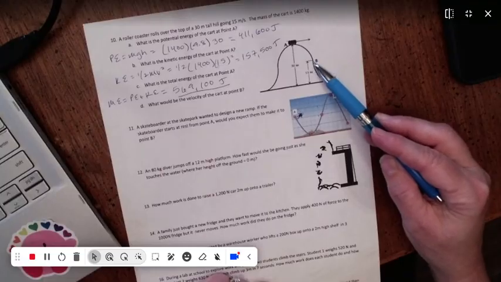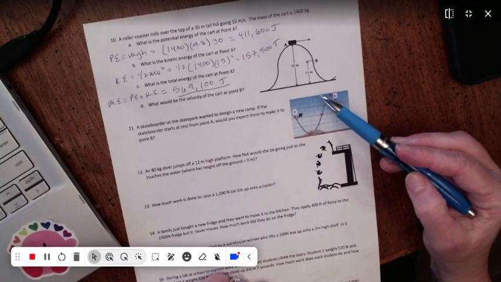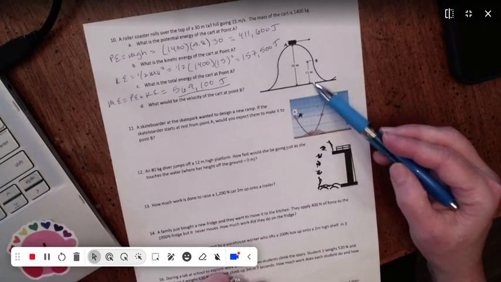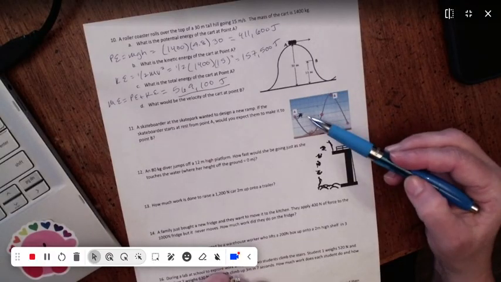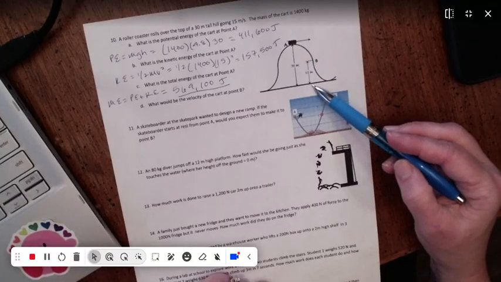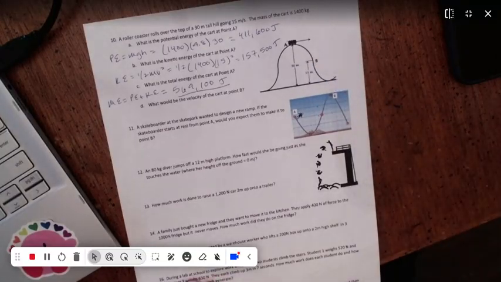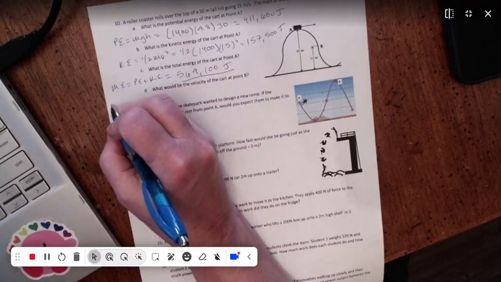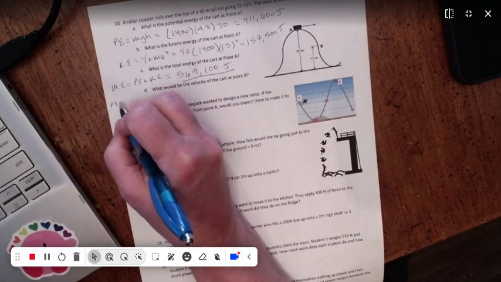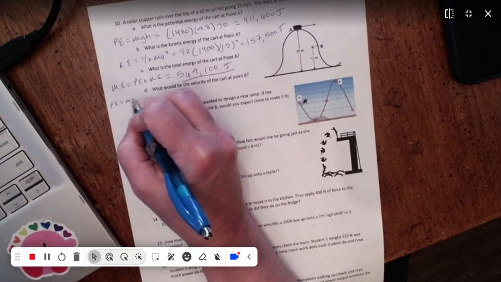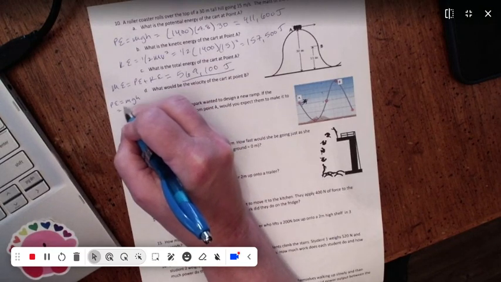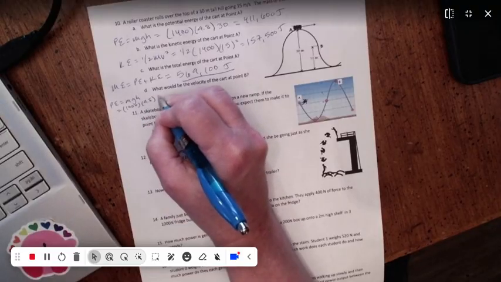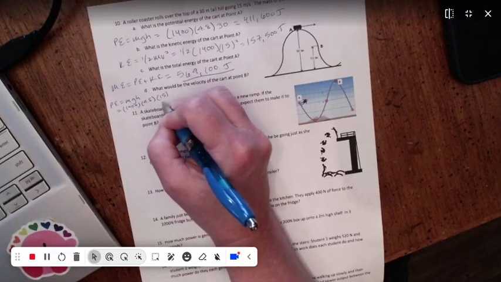Okay. And then what would the velocity be at point B? This one's going to be a little trickier because now at point B we're at 15 meters. This is my halfway point. In order to get velocity here, there's several steps I'll go through. The first step is to get the PE at that point. mgh is going to be 1400 times 9.8 times 15 for my height.